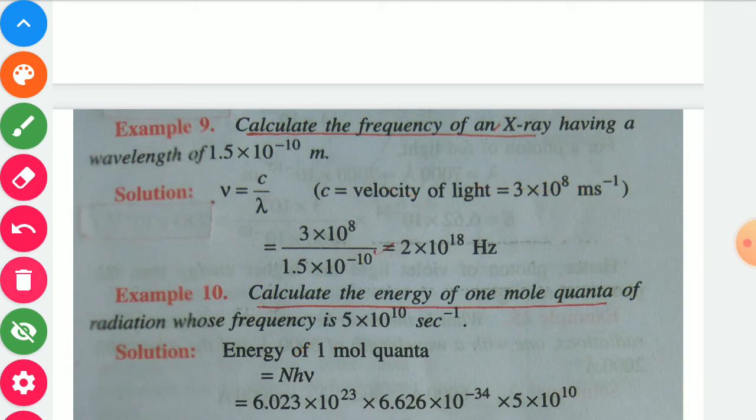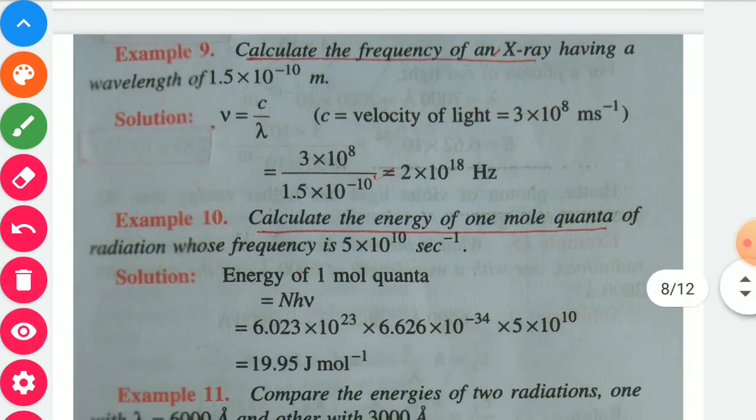Now the next question: calculate the energy of 1 mole quanta of radiation whose frequency is 5 into 10 power 10 per second. Here we have to calculate the energy of 1 mole quanta of radiation.